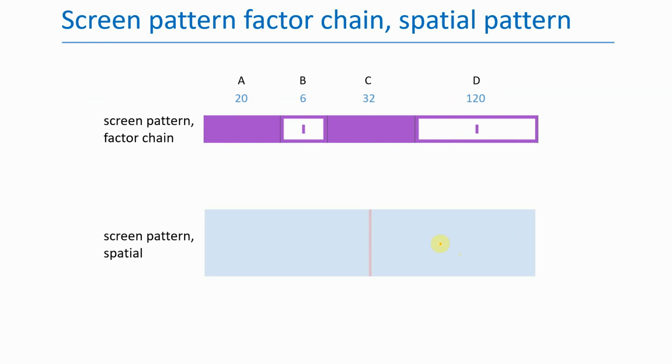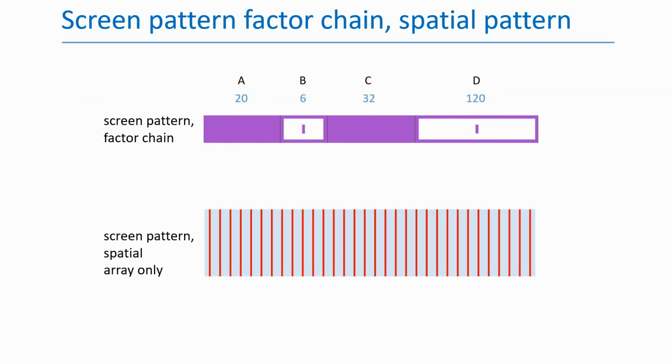It's hard to make out the details because the pattern is more than 99% dark space. It's actually 119/120ths dark space. So to focus on the interesting part, we can use the option of trimming the excess dark space and showing only the array. However we choose to display it, here's our result. The calculation is done.